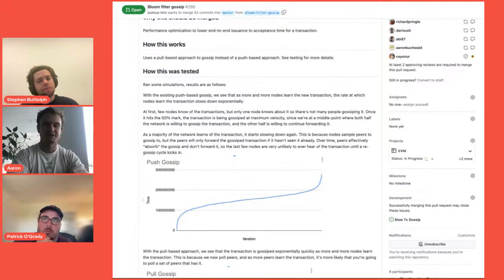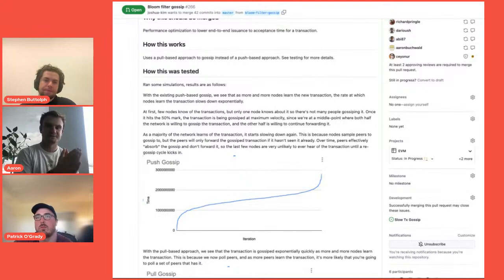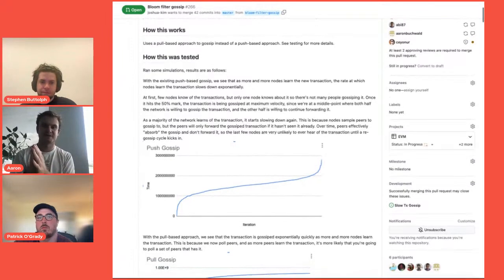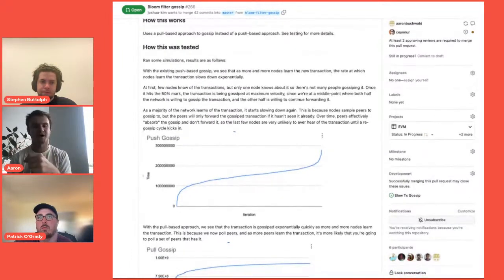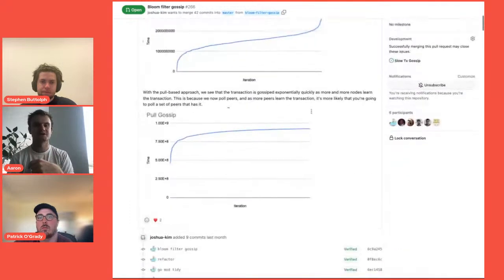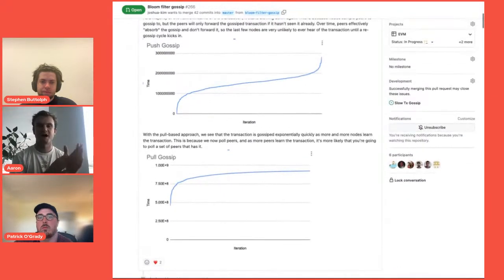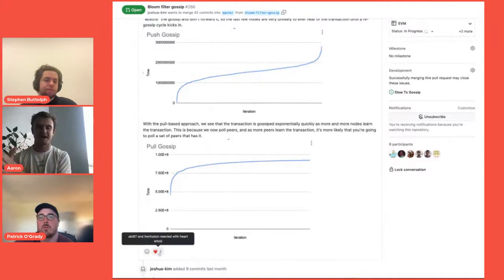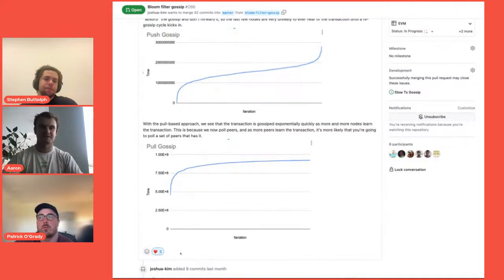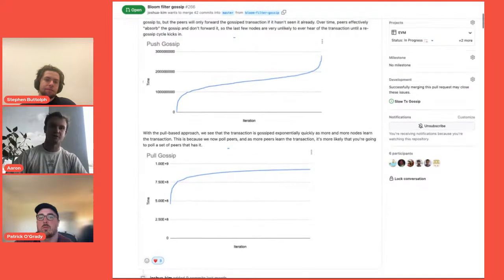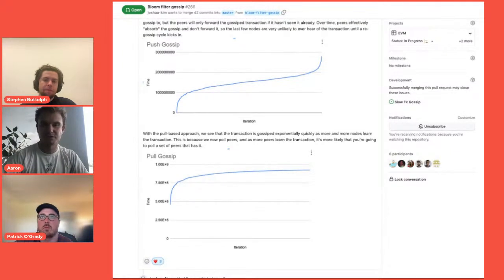As soon as you've gossiped to 60% of the network, the chances that the next person you gossip to continues to propagate that gossip starts to go down. So reaching the upper percentiles of 80, 90, 99% of the network having seen this transaction starts to take longer and longer as propagation slows down.